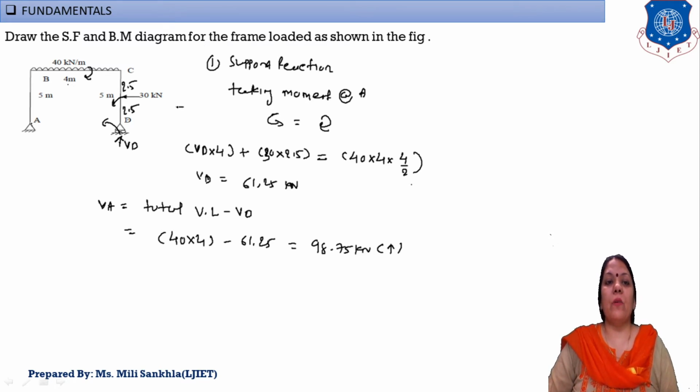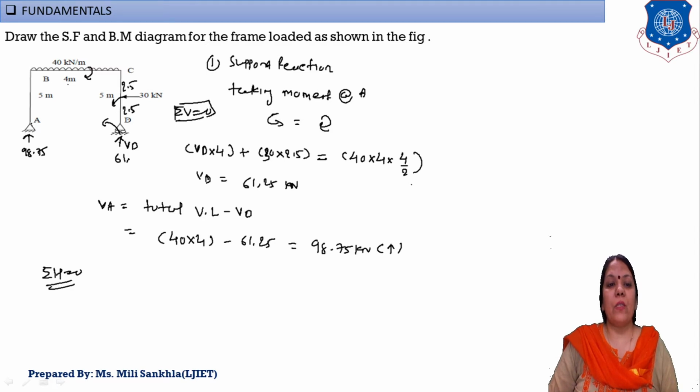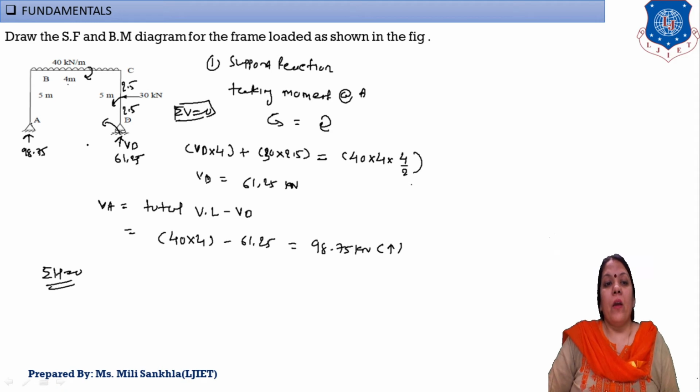Here we balance our first equilibrium condition, that is sigma V is equal to 0. Now second we balance sigma H, so write down sigma H is equal to 0. Here VA we find out 98.75 and VD we find out 61.25. Now the horizontal load 30 is given in left direction.